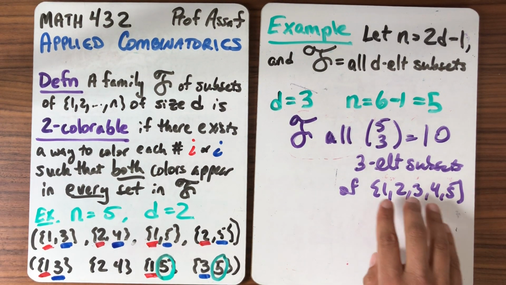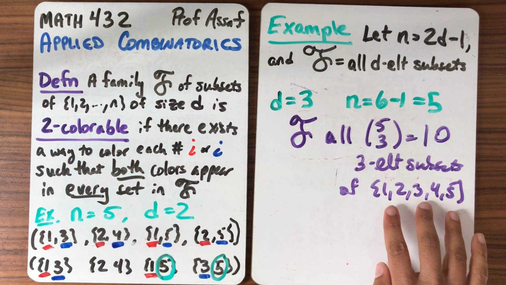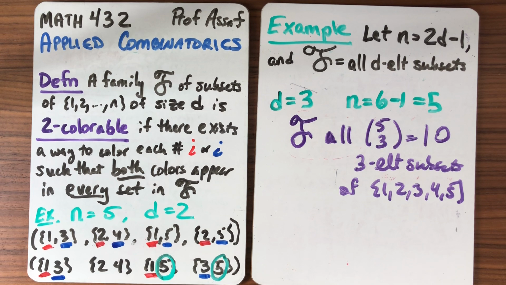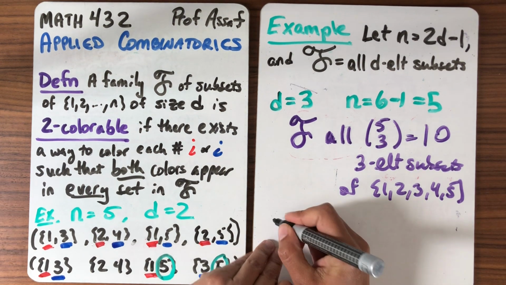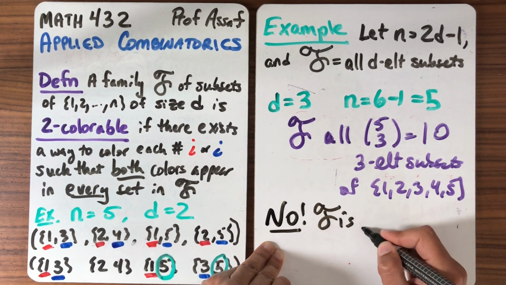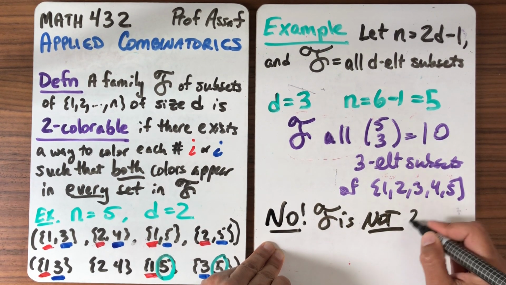Well, I've got these 5 numbers here, and what I need is that in every collection of 3 of them, I definitely get 2 that are different colors. So no, F is not 2-colorable.